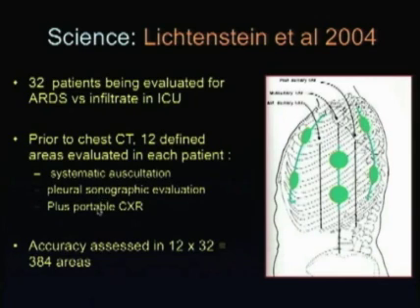And finally, a portable chest x-ray was obtained, the results of which were blinded for everybody else doing the sonographic exam or the systematic auscultation, and indeed the CT scan. So accuracy was assessed for each modality versus CT in the 12 areas times 32 patients.